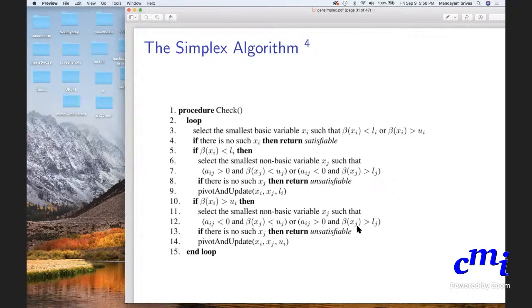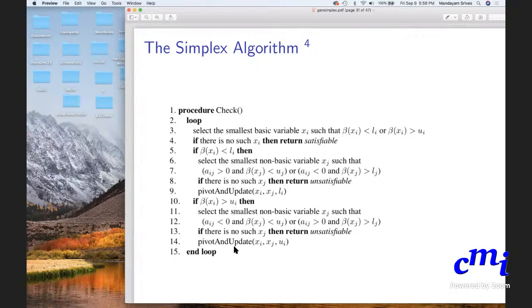Or if the coefficient is positive, you have to ensure that it is greater than its lower bound, so that it can be decreased such that the value of xi can be decreased.